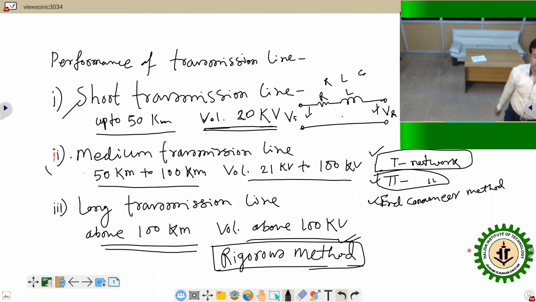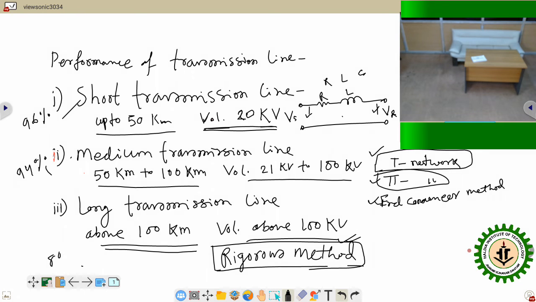See, suppose in case of short transmission line, you get 96% efficiency. Suppose in case of medium transmission line, these are the analytical methods, we consider the capacitance. Okay. Here we get 94% efficiency. And by means of this rigorous method, you get 89% efficiency.